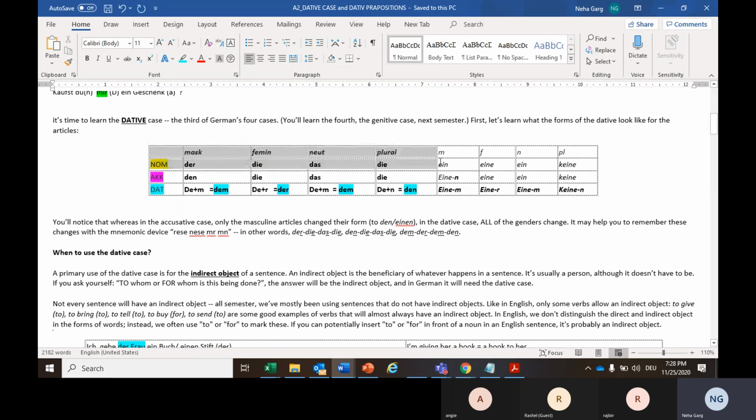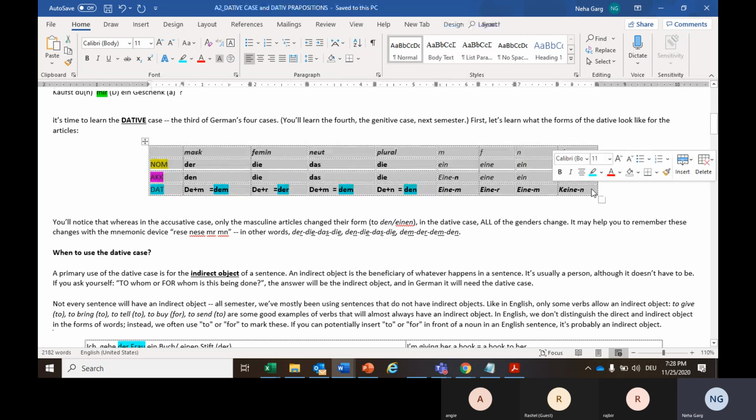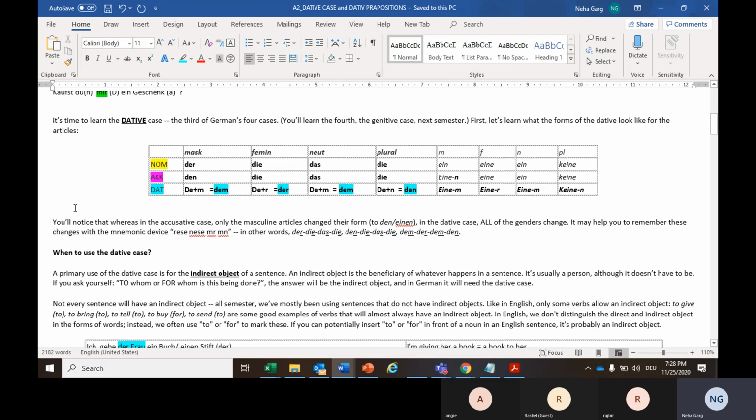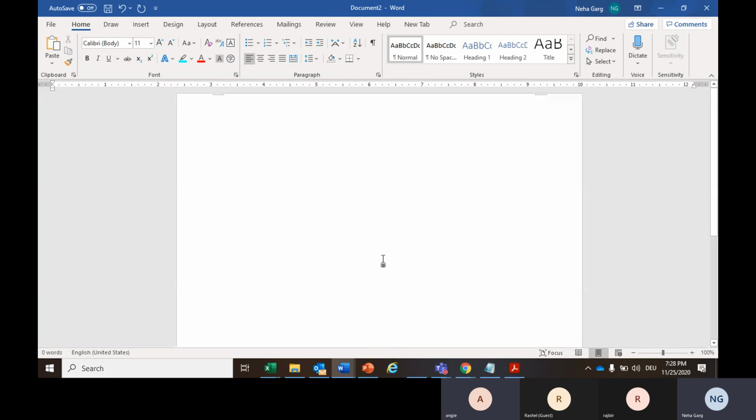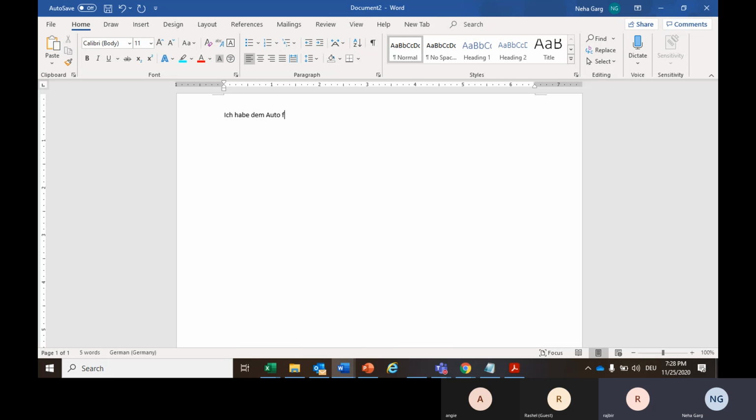Angie, Rachel, you don't need this page as of now, right? So now, just see here, Rajveer. You can also pay attention, Angie and Rachel. So you have written ich habe dem Auto für ihn. First thing first, you have used für here.